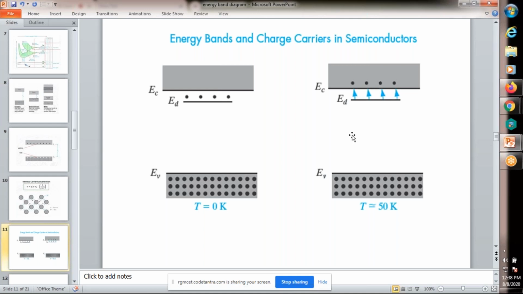That indicates that by adding doping, we introduce an energy state as well as electrons. These electrons acquire sufficient energy if temperature increases, even below room temperature, and they jump into the conduction band. Remember this.